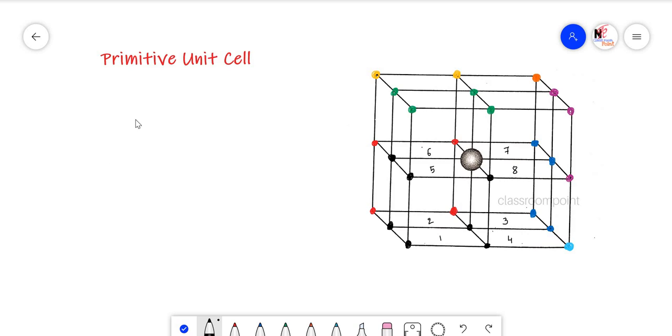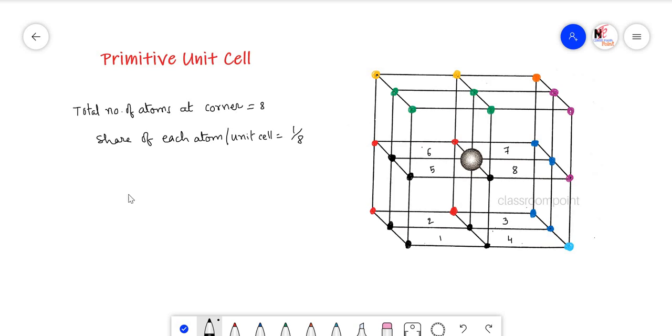Now let us calculate the effective number of atoms belonging to the simple cubic unit cell. Total number of atoms at the corners equals 8. The share of each atom per unit cell is 1/8.